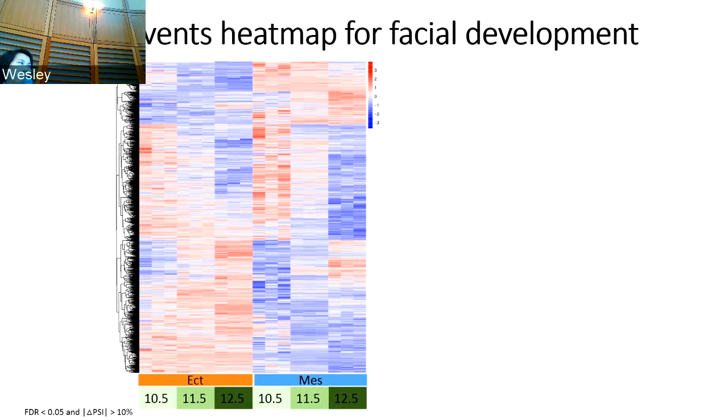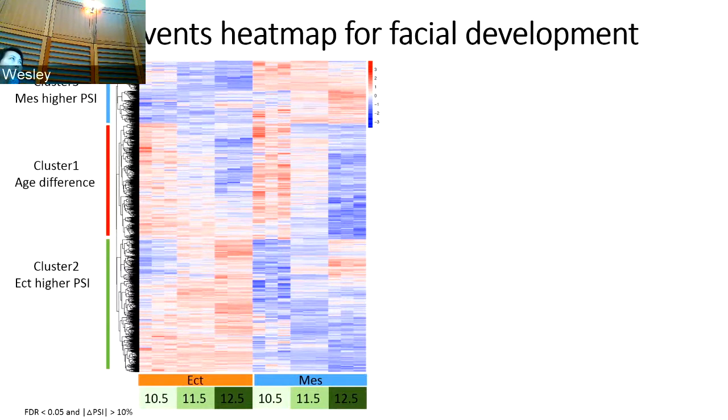These are the samples from ectoderm, these are samples from mesenchyme, that's the time difference, and those are 3 different prominences. Clearly 3 categories stand out. One is the age difference cluster, the second is the ectoderm high inclusion cluster, and the third is the mesenchyme higher inclusion cluster.